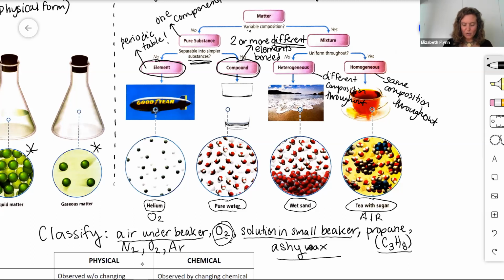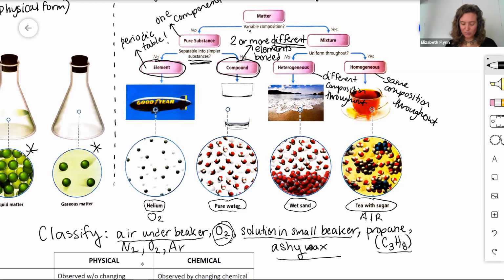Okay. What about the solution in the small beaker? Yeah, it's a mixture because we said it was water, that high sodium hydroxide, the phenolphthalein indicator. And then when the carbon dioxide dissolved, it turned into the acid in there.